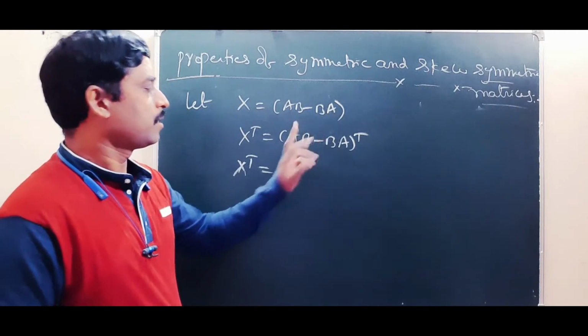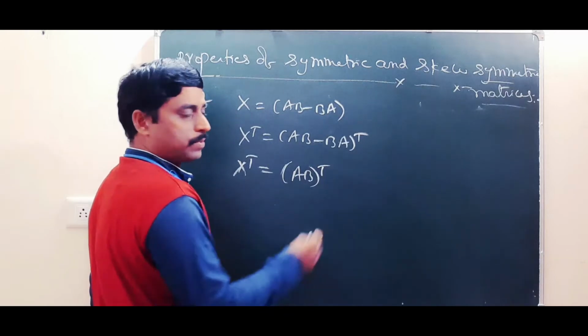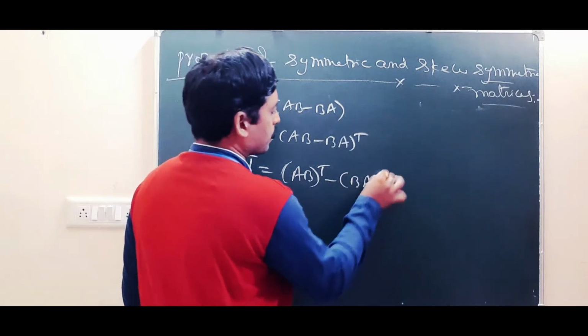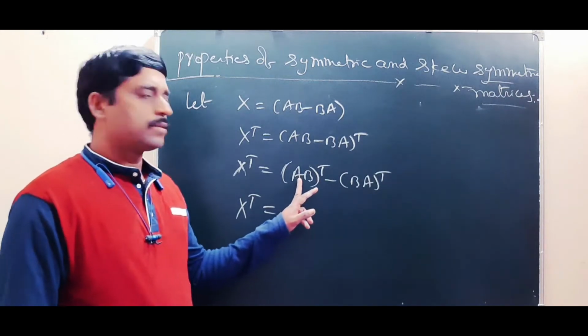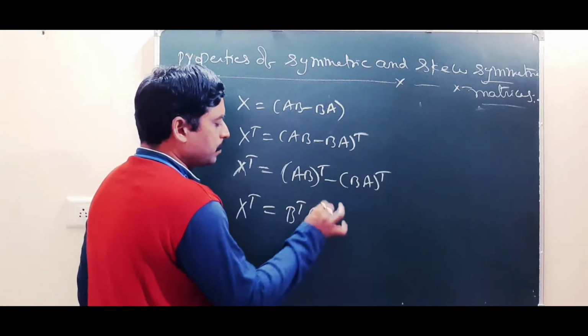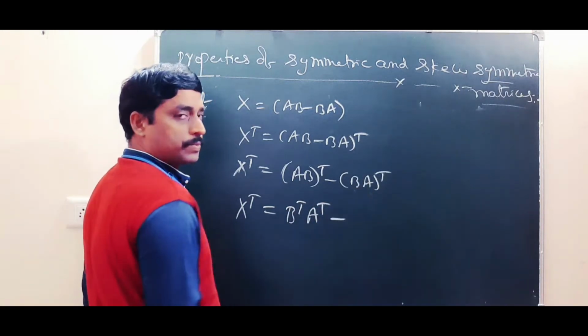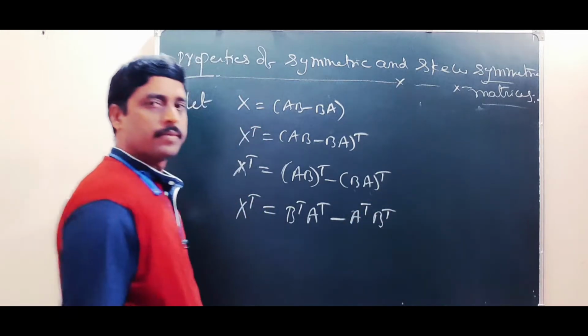So (AB minus BA) whole transpose will be (AB) transpose minus (BA) transpose. Transpose of AB, we have the formula B transpose into A transpose. Transpose of BA will be A transpose into B transpose.